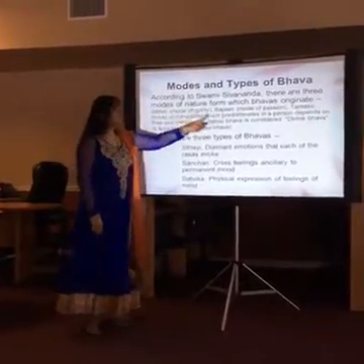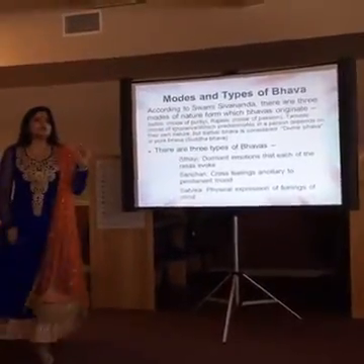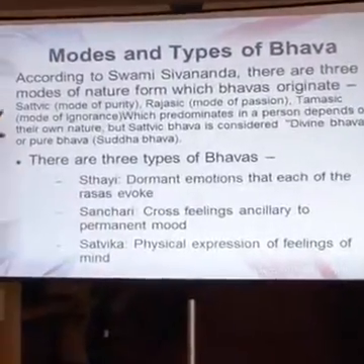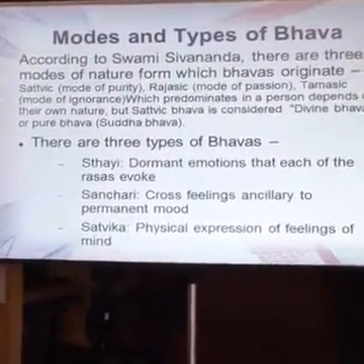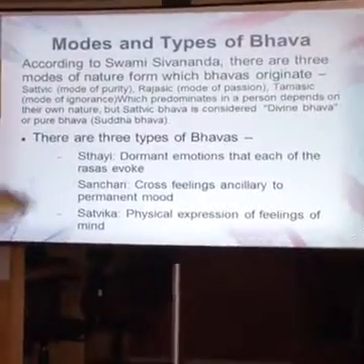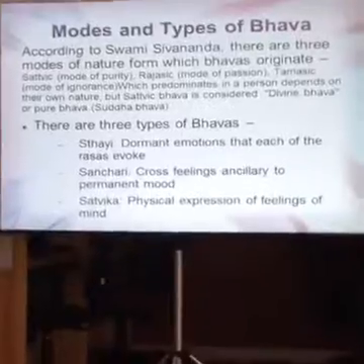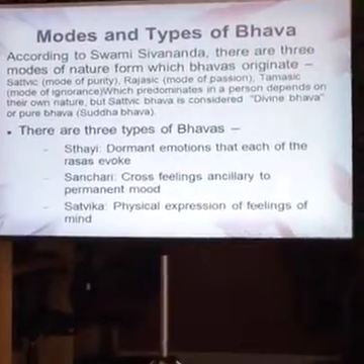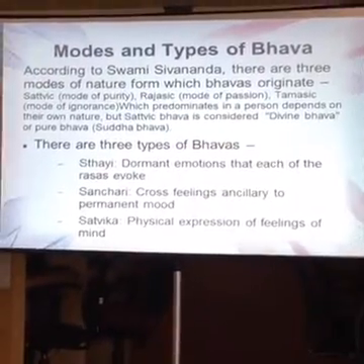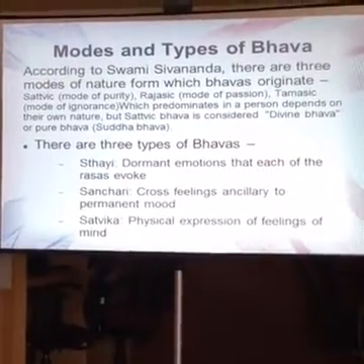Sattvic, Rajasic and Tamasic. Sattvic is a mode of pure devotion. It's supposed to be the highest form of bhava that is known to the human being. Rajasic is derived by passion, by materialism, and that gives a feel to your ego that, yes, I have attained this.